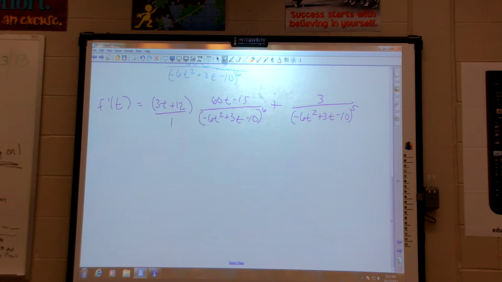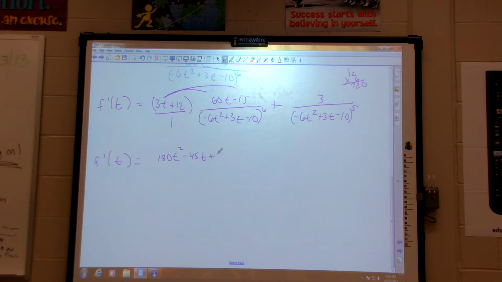Because here, let's multiply the tops, because that's a fraction. Okay, so when I multiply that, I'm going to get 180t squared minus 45t, plus, you can do 60 times 12, but I'm just going to do the times 6, right?